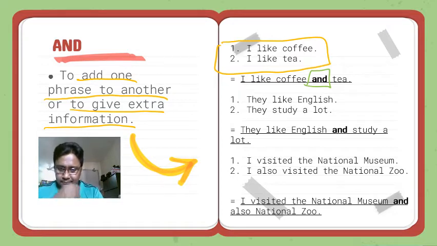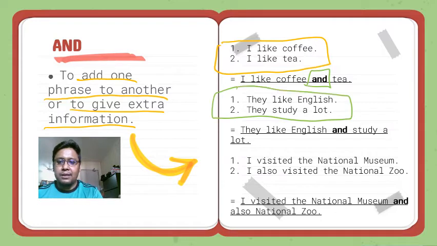Let's take a look at the second one. They like English. They study a lot. How do we put them into a sentence? They like English and study a lot. As you can see here, the second "they" is omitted, similar to the first one just now.